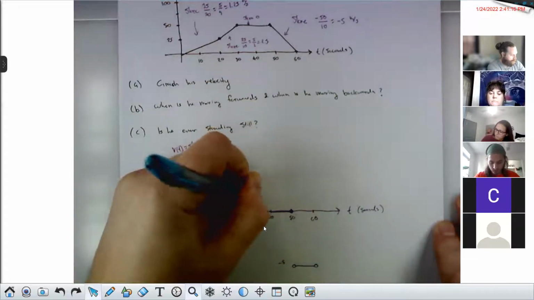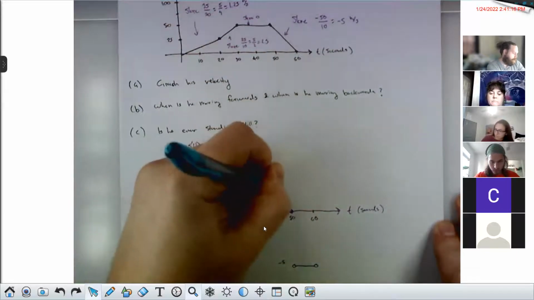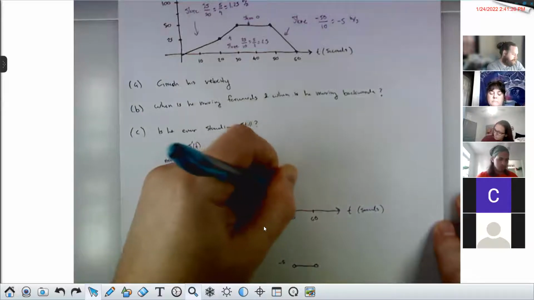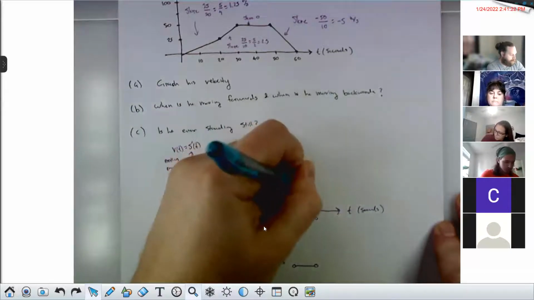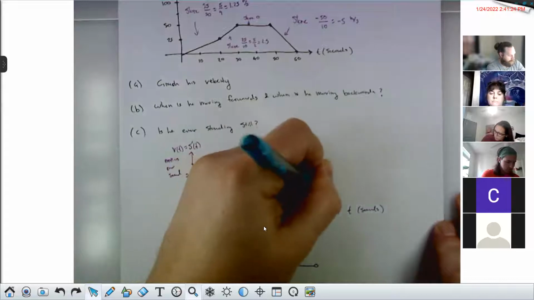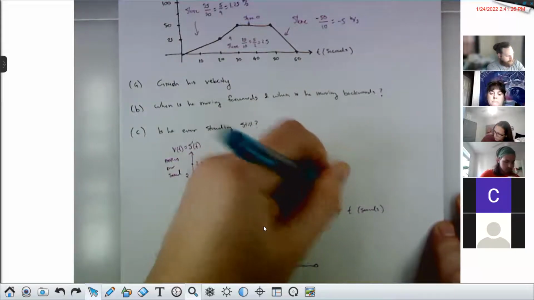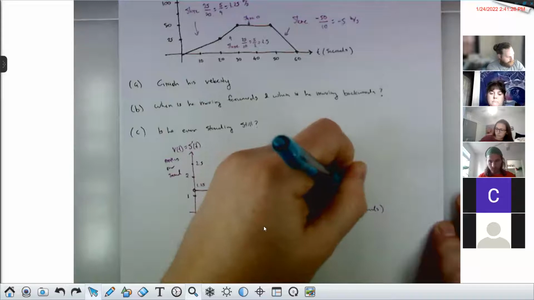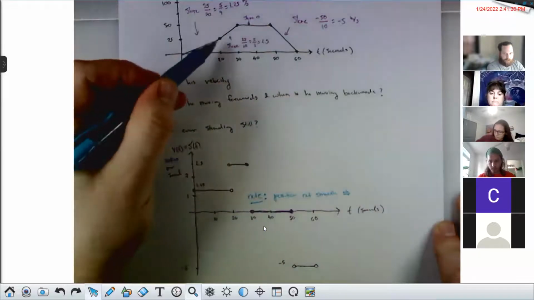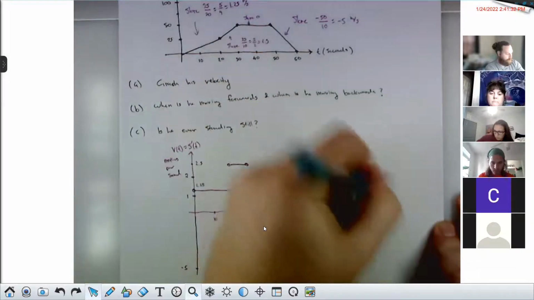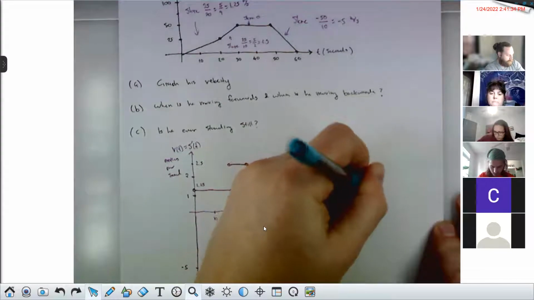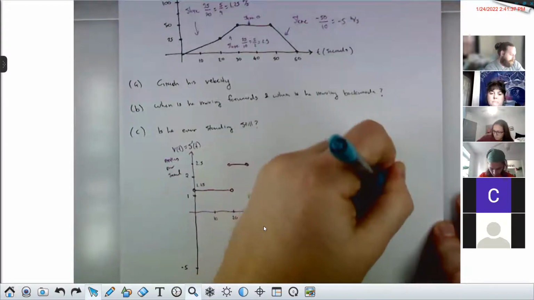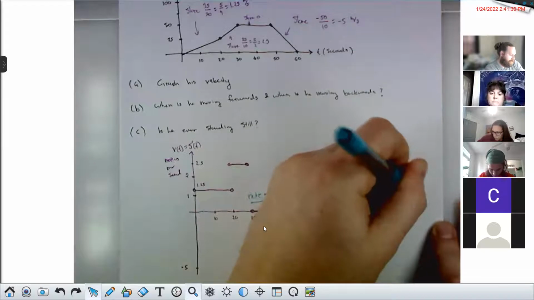Now, the position isn't smooth, which means that the position function isn't differentiable at those points. So the derivative is not continuous.